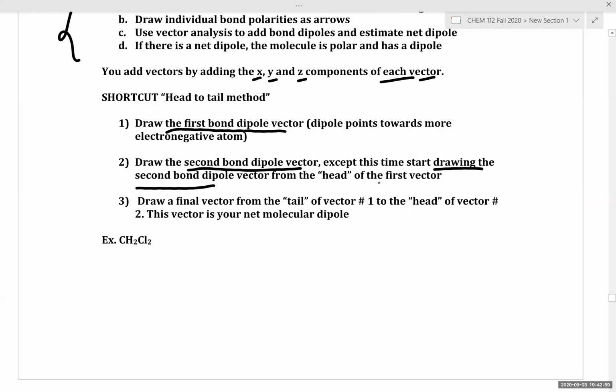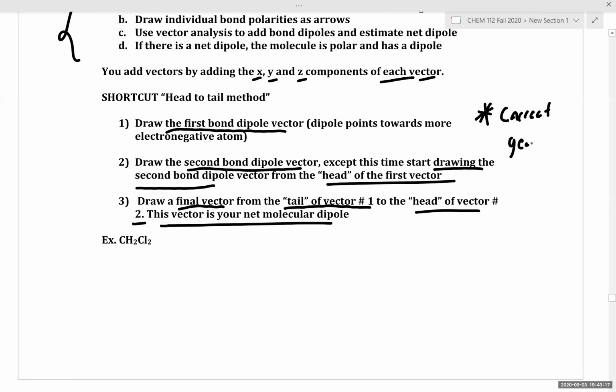Finally, you draw a final arrow from the tail of vector number 1 to the head of vector number 2, and this arrow is your molecular dipole. Now, throughout this process, you need to make sure that you have the correct geometry.